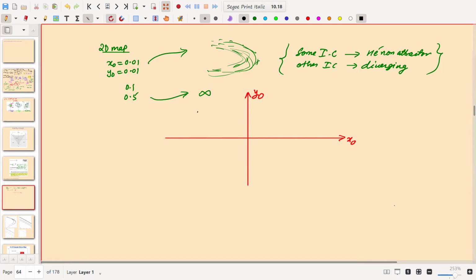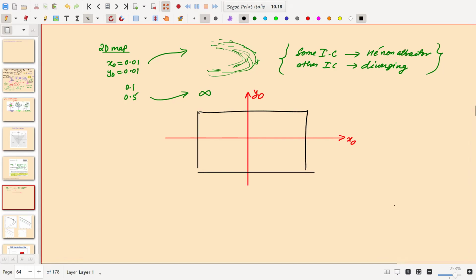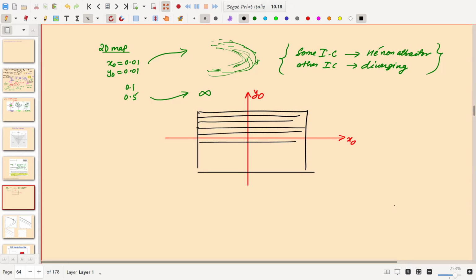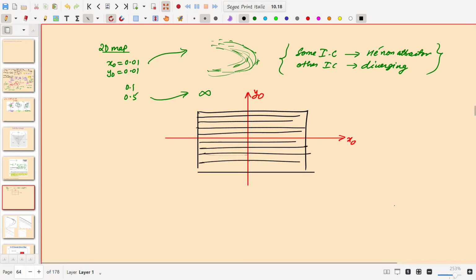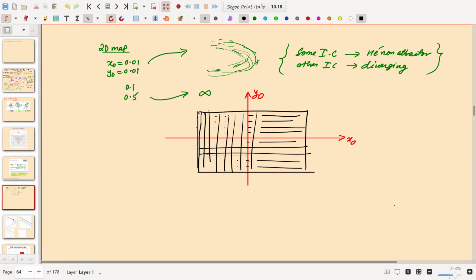Think that this is a grid. Okay, what I do, I make a very fine grid, and such fine grids, like you can see, these are the fine grids.